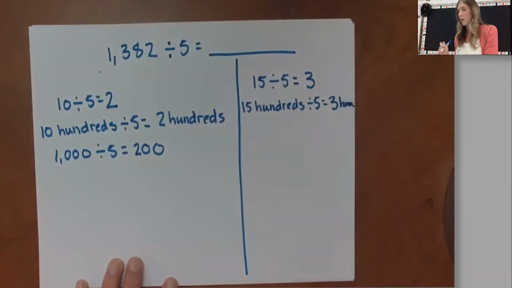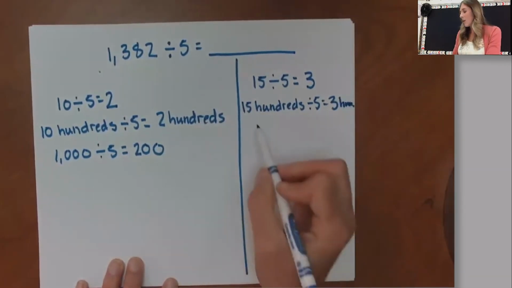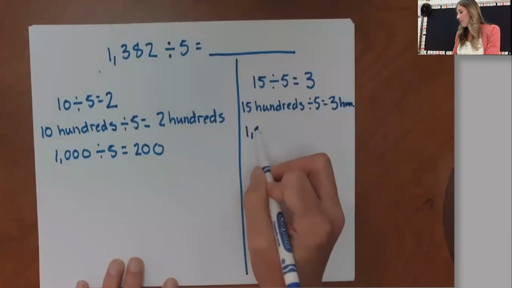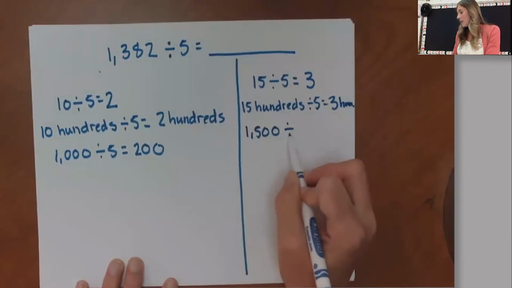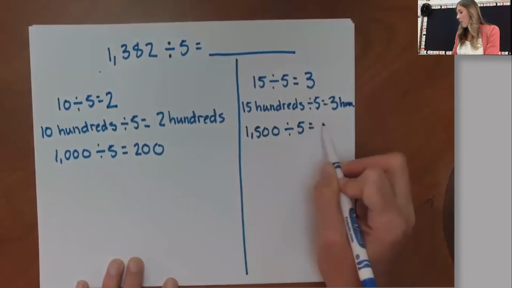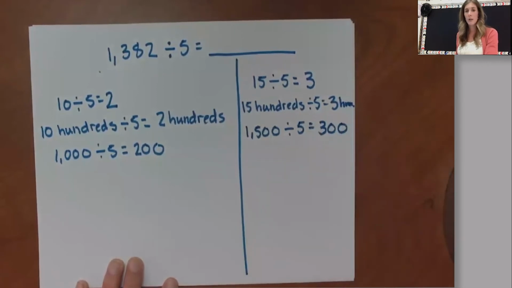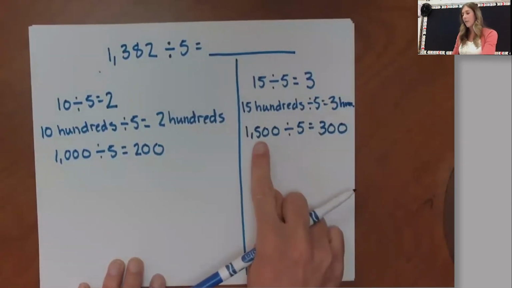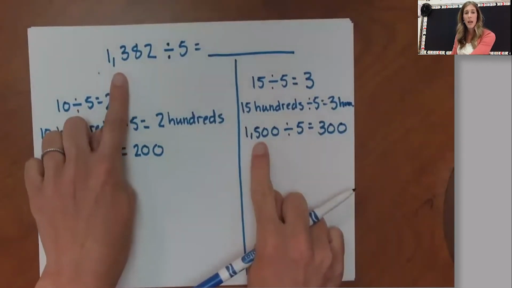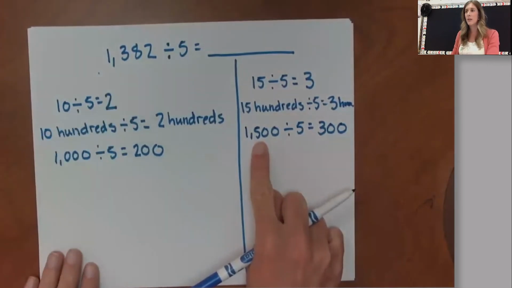I'm running out of room. So that means 1,500 divided by 5 would be 300. So 1,500 is my compatible number that I chose that's slightly greater than my original dividend.